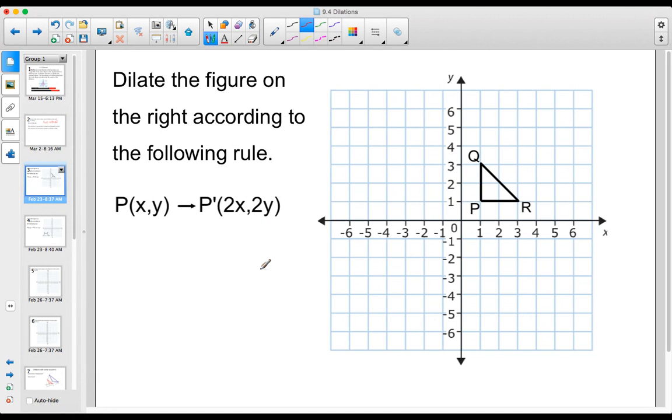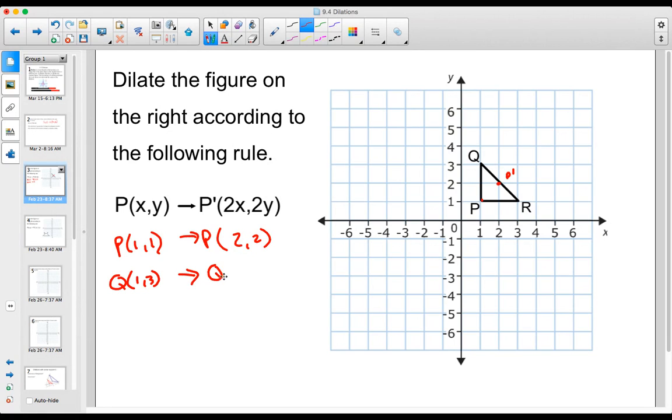Let's look at a couple examples. We're going to dilate the figure on the right according to the following rule. We have our coordinate for P at (1, 1). P prime would be at 2 times 1 and 2 times 1, so that's going to be at (2, 2). Now Q is at (1, 3).